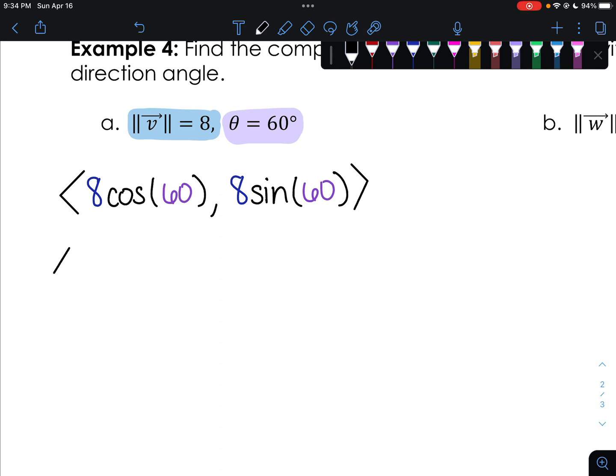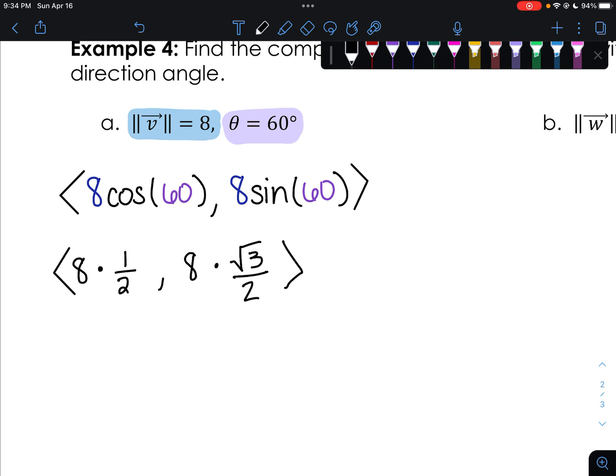Well, we had a whole unit where we focused on the unit circle, and we should know sine of 60. Cosine of 60 means you're putting down your index finger and it's on top. We have one finger, so that means it's going to be 1/2. So we have 8 times 1/2. Then the same concept, I put down my index finger, but it's sine, so it's the 3 fingers on bottom, which means it is rad 3 over 2.